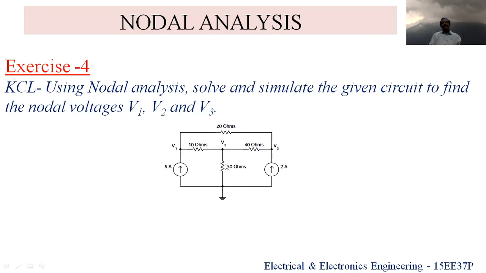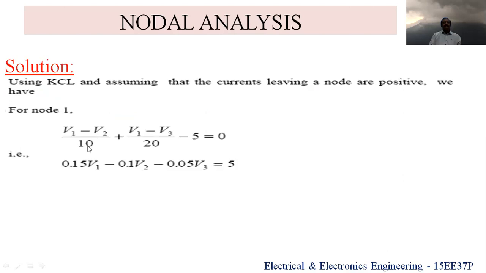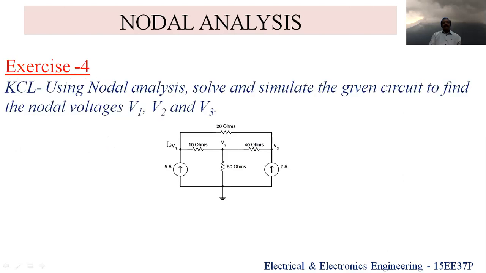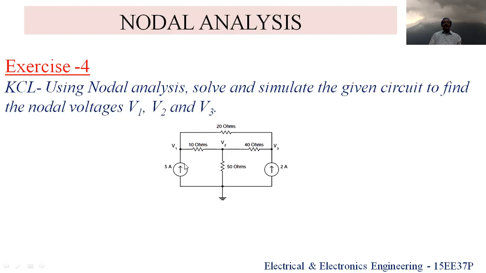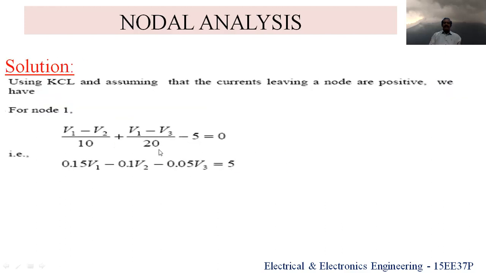Now to write the equation, V1 is connected with V2, so here it is V1 minus V2 divided by 10, plus V1 minus V3 divided by 20, minus 5. The 5 is an incoming current, because using KCL we assume that the current leaving a node is positive, so the incoming current is considered negative.